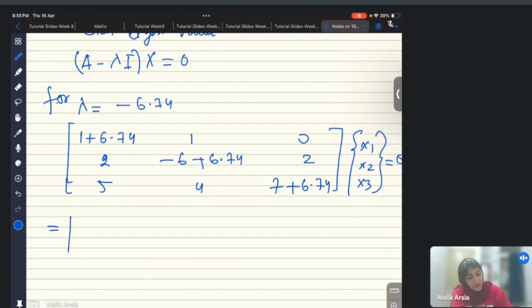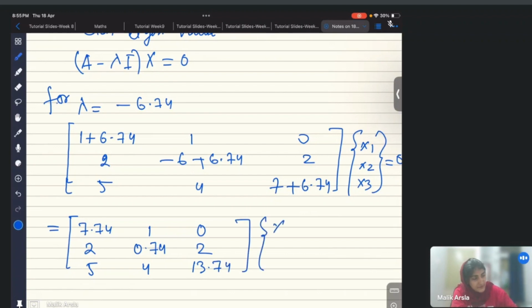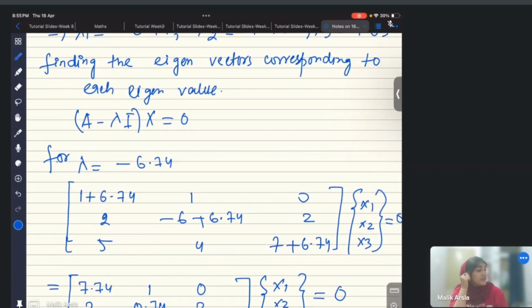So it will be 7.74, 1, 0, 2, and this will be 0.74, 2, then 5, 4 and 13.7, and it is x1, x2 and x3 is equal to 0. So basically this is just like finding the null space, as we did in the previous question.